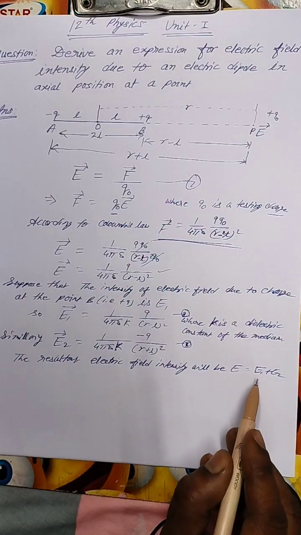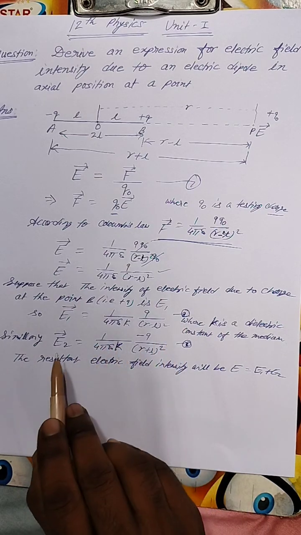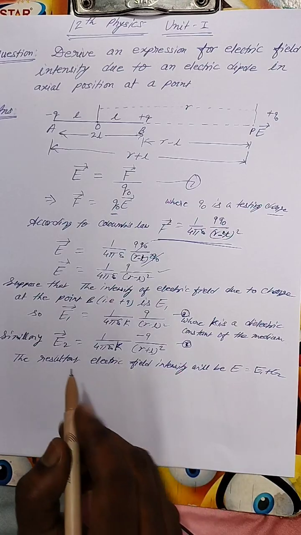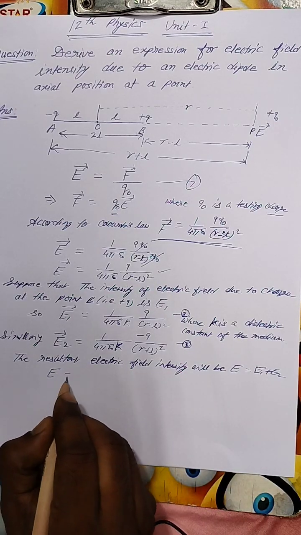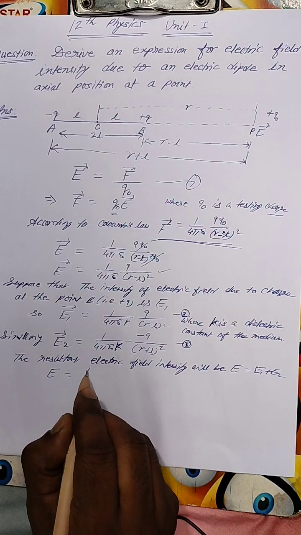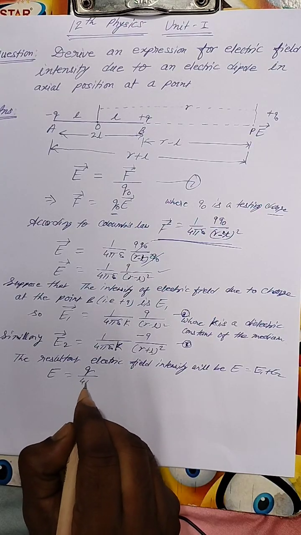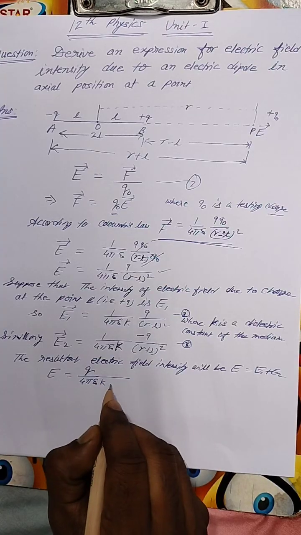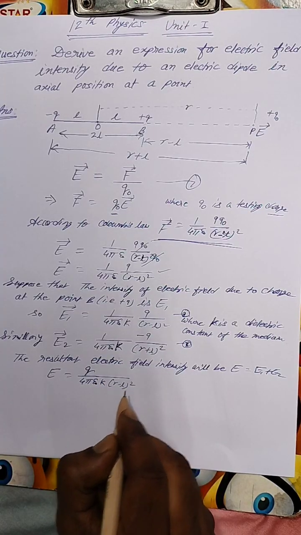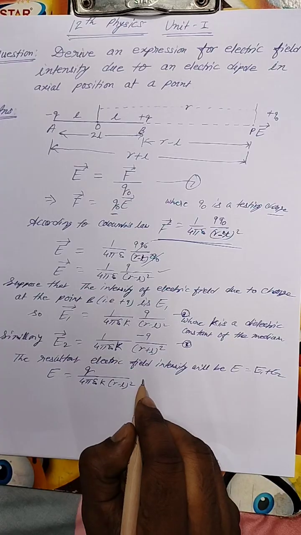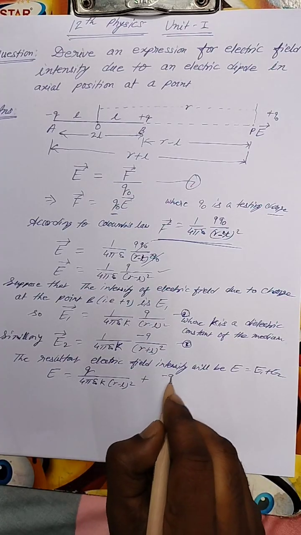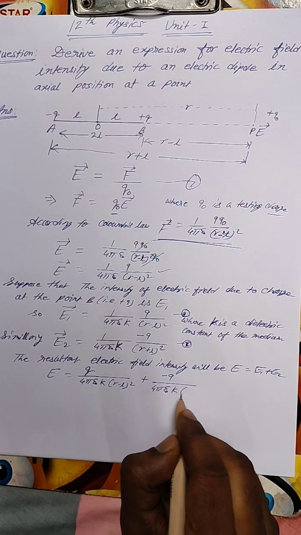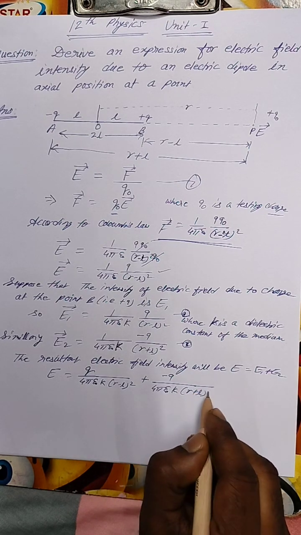Put the value of E1 from equation 2 and the value of E2 from equation 3. We get E is equal to q upon 4 pi epsilon 0 K (r minus L) whole square plus minus q upon 4 pi epsilon 0 K (r plus L) whole square.